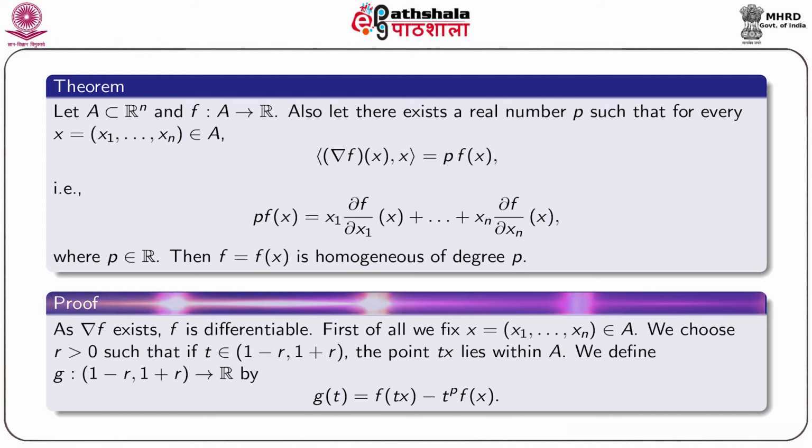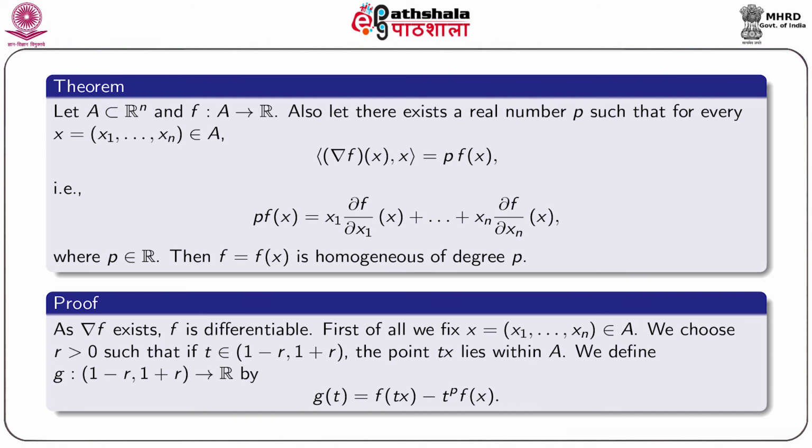As the gradient of f exists and all its components are continuous in some neighborhood of x, we can assume that f is differentiable. First of all, let us fix some point x in A. We choose positive r such that if t is in the open interval with endpoints 1 minus r and 1 plus r, the point t x also lies in A, that is, f(t x) is well defined.